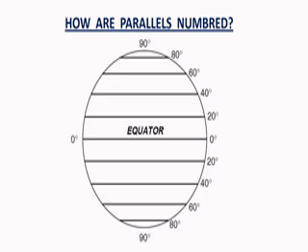Same like that, from equator towards the South Pole there will be 90 parallels. So the total number of parallels is 90 plus 90, 180, plus 1, that means the equator. So in total we are getting 181 parallels.